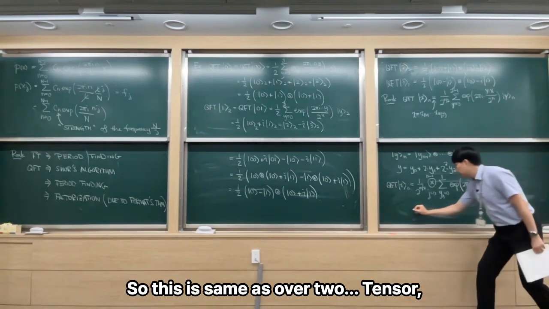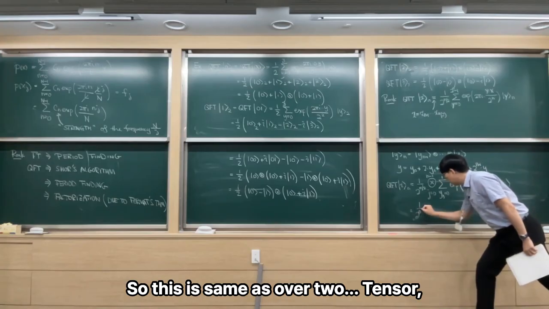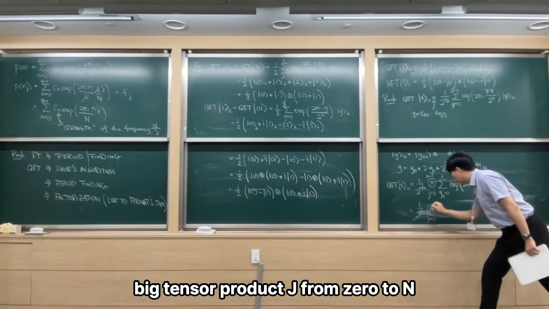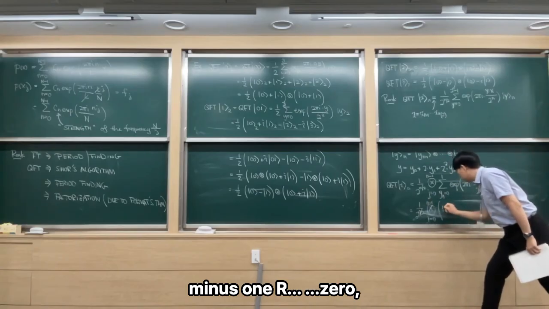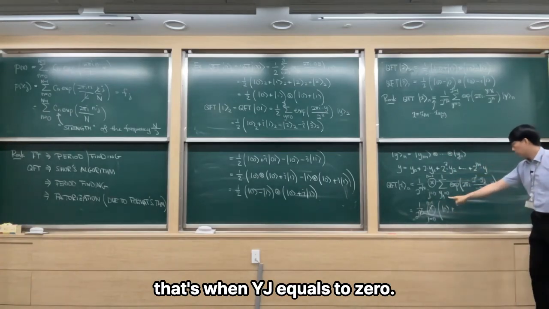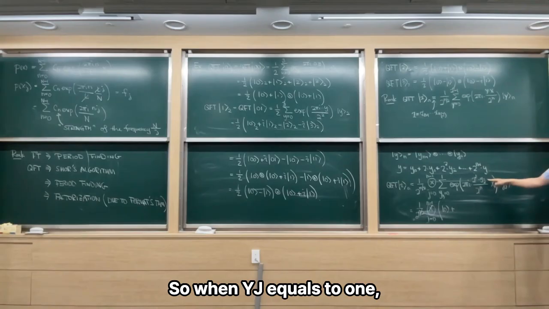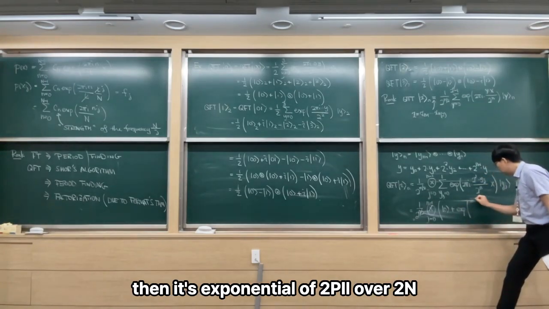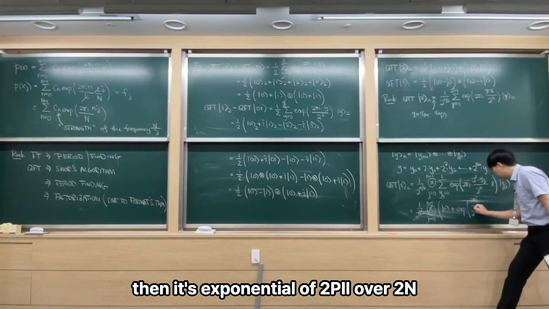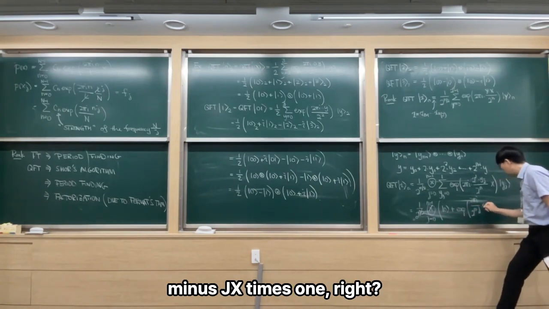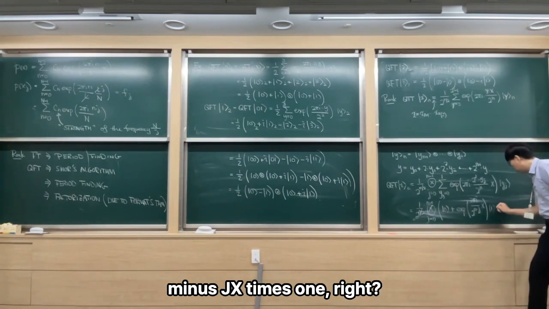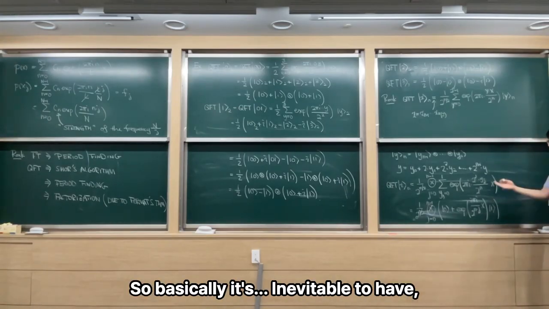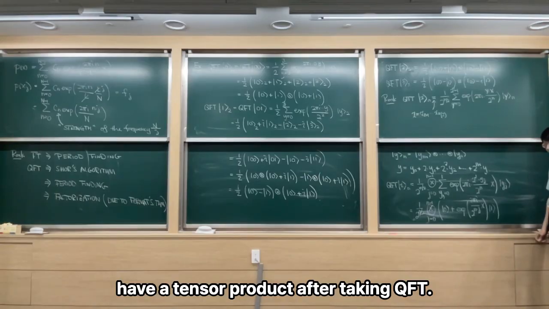So this is the same as the big tensor product, j from 0 to n minus 1, of 0. That's when y_j equals 0. When y_j equals 1, then it's exponential of 2 pi i over 2^{n-j} times x, times 1, right? So that's the QFT. So basically, it's inevitable to have a tensor product after taking the QFT.